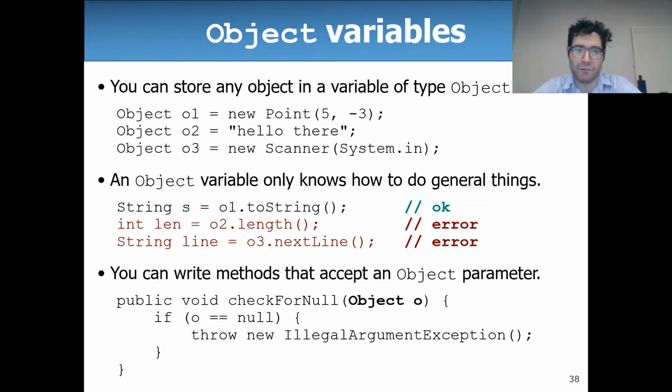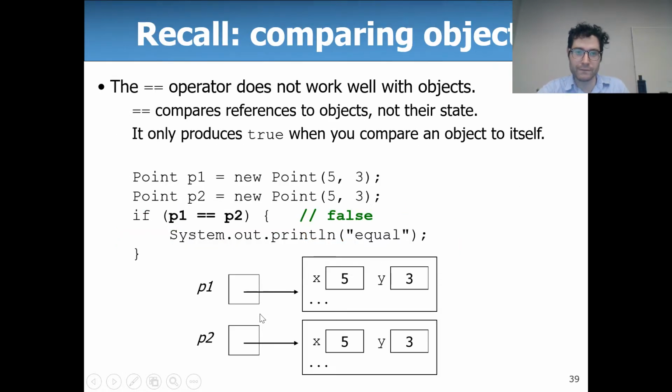If you're putting a string in an Object, you can't use the .length method. And if you put a Scanner in an Object variable, you can't use anything that's unique to a Scanner. You can write a method that takes in an Object, and that can be useful if you're checking if something's null.